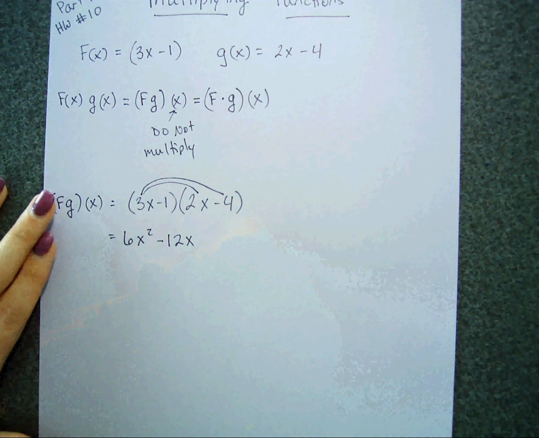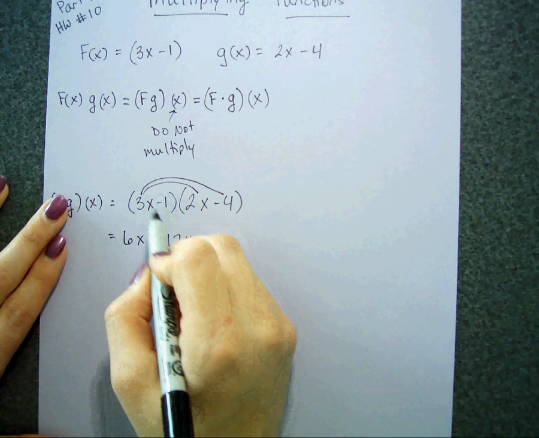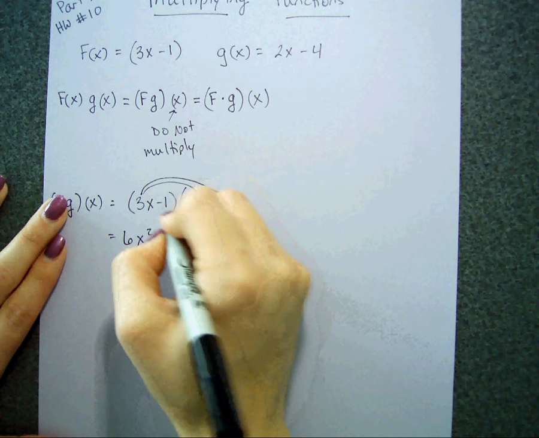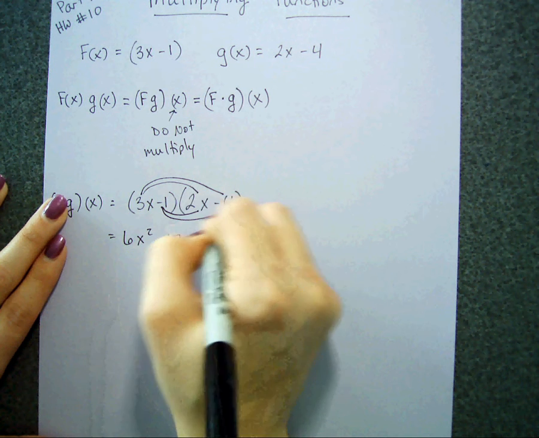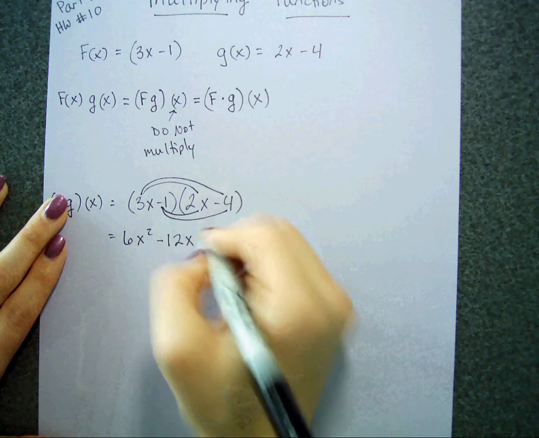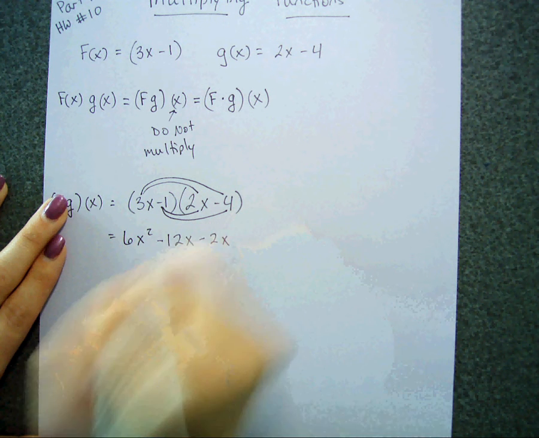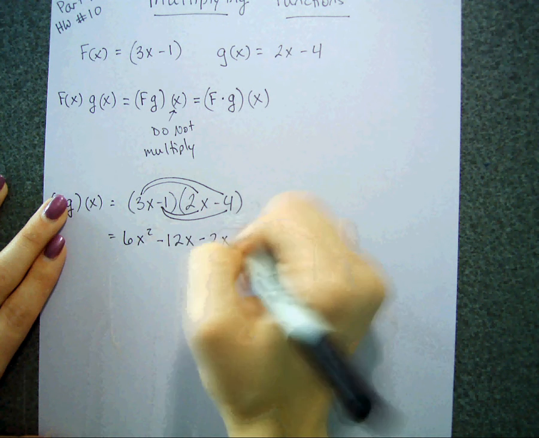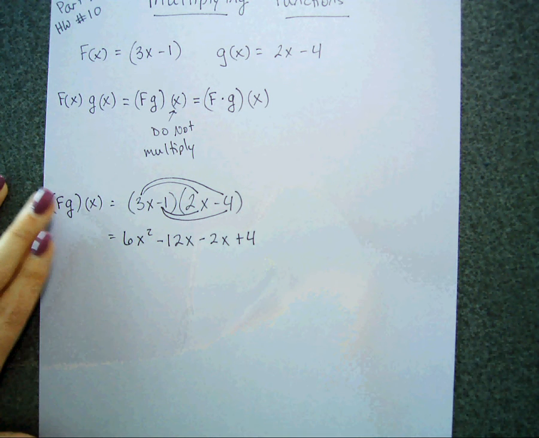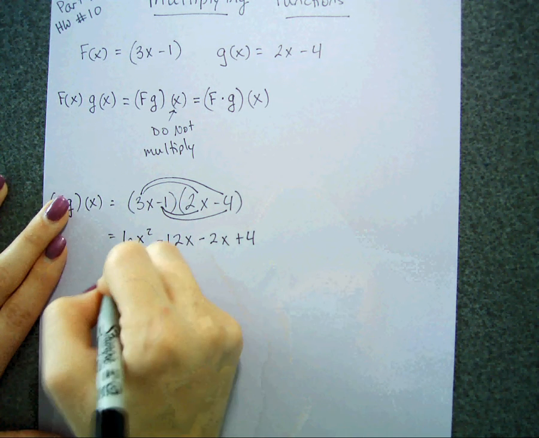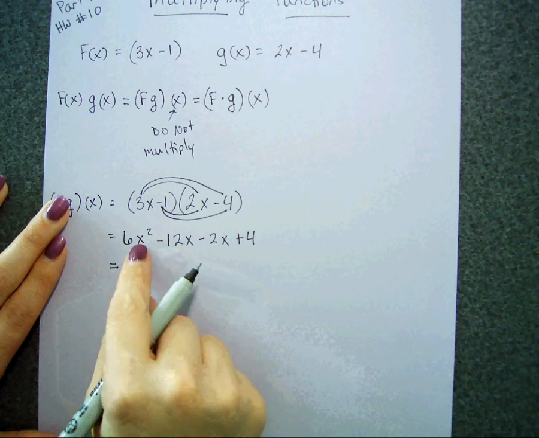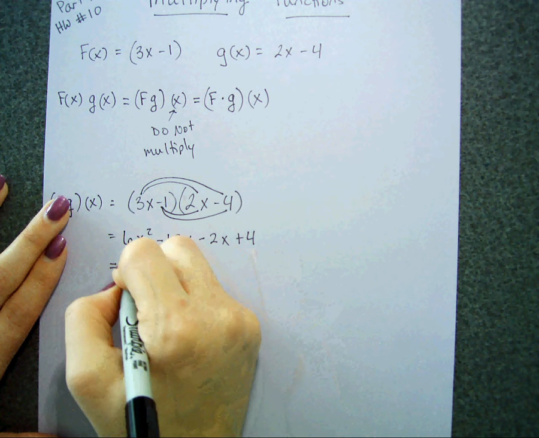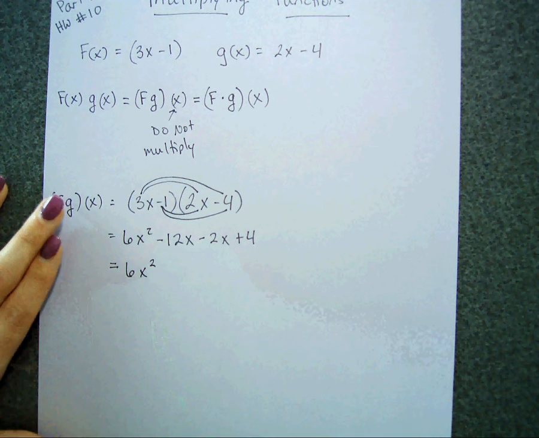I'm done with the 3x, so I'll go to the next term in the first set of parentheses and multiply it times everything in the second set of parentheses. So negative 1 times 2x gives me negative 2x. Negative 1 times negative 4 gives me positive 4. And I'll go through and combine my like terms. X squared, I don't have any other x squared, so 6x squared just comes down.